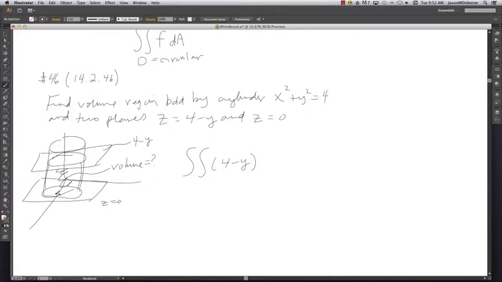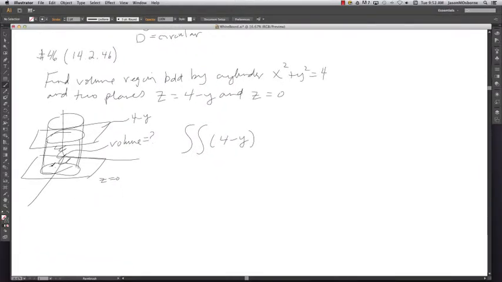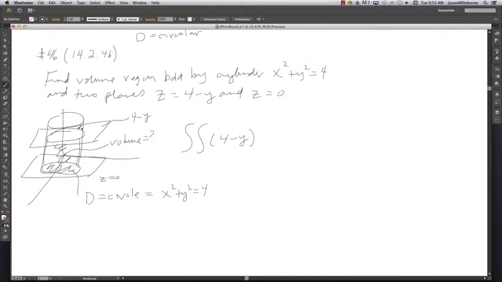Then our region D that we are integrating over is given by the circle x squared plus y squared is equal to 4. The cylinder itself is setting the domain D.